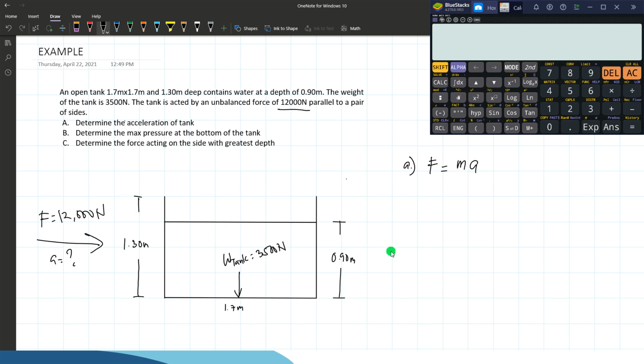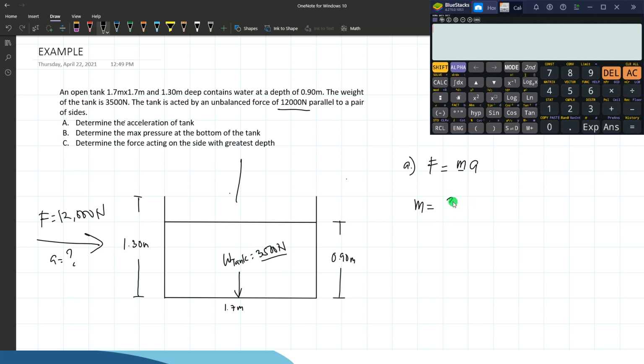So let's first determine the total mass of this body. We have the tank as well as the water. For the mass, let's add the mass of the tank. Since we have a unit of newton, it is a weight, so we divide it by g in order for it to be converted into mass in kilograms.